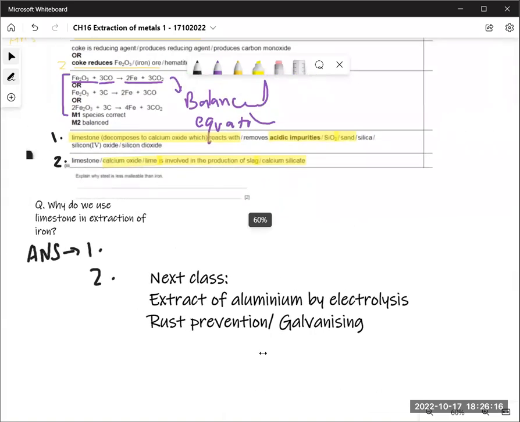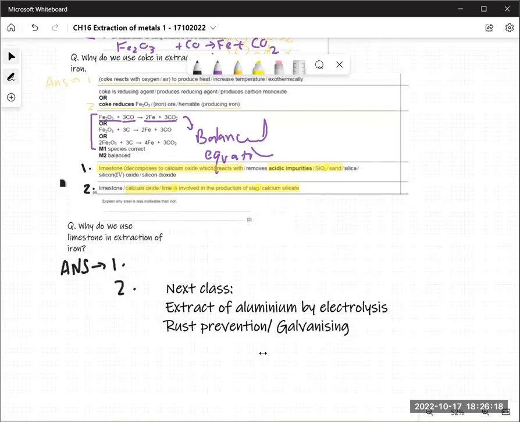Now, quickly, Diana, can you recap what we learned in this class? We learned about the impurities in iron and about how copper reacts with oxygen.